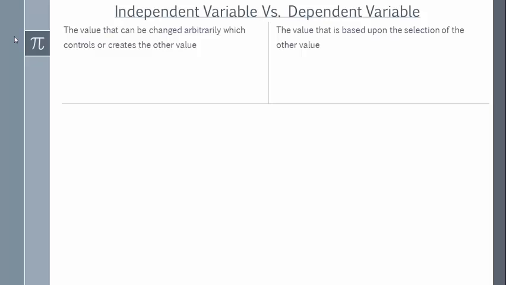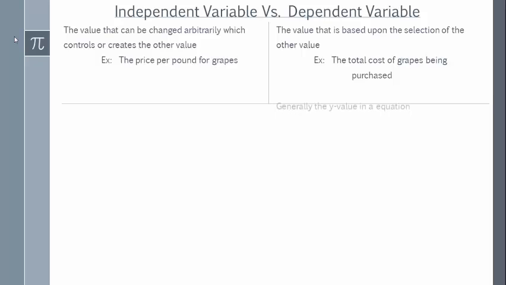So the dependent variable depends on the independent variable. So if we are buying grapes, the dependent variable is the total cost of the grapes being purchased, and that is based on the price per pound for grapes, which is the independent variable. The dependent variable is generally the y value, and the independent variable is generally the x value.